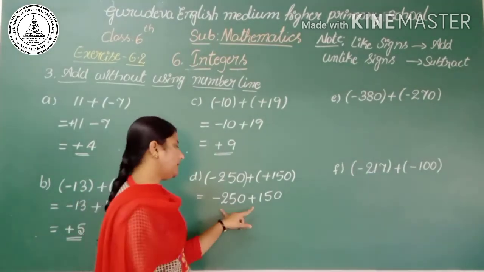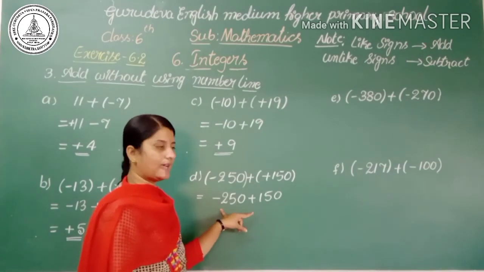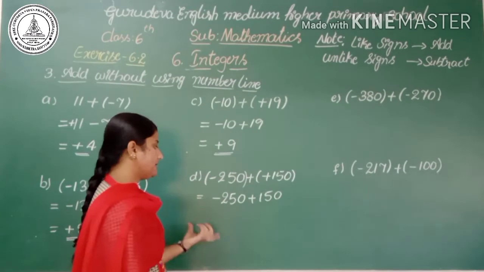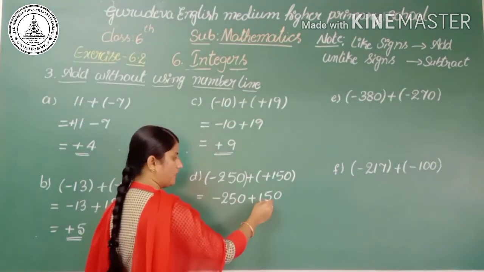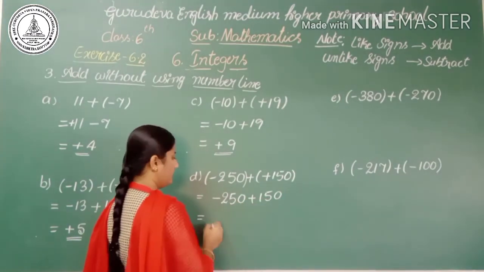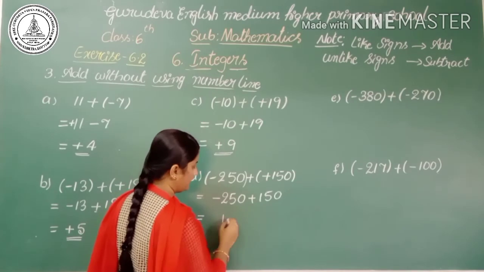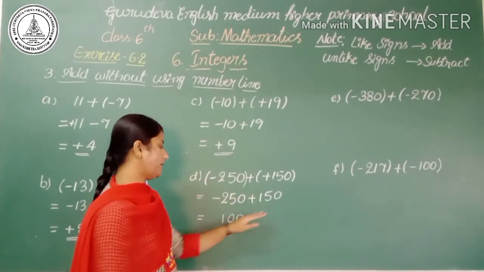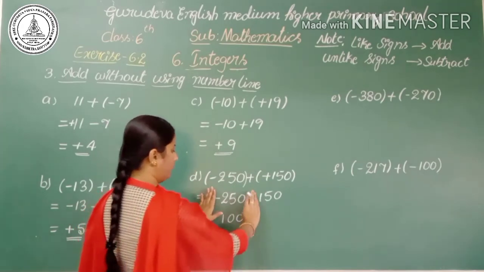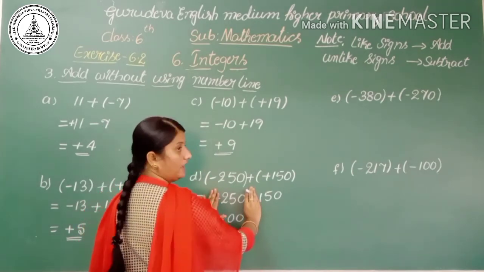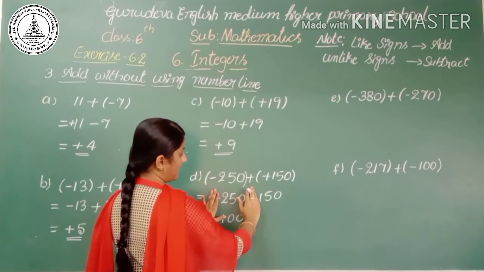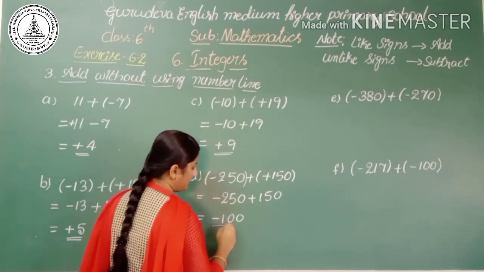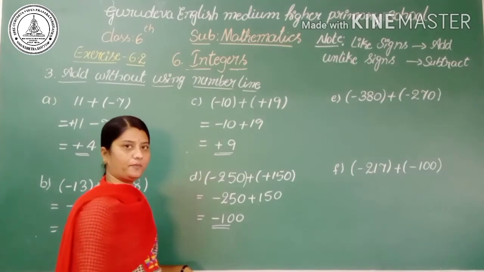These two integers have unlike signs. Unlike signs means we have to subtract, right? Subtract here, 250 minus 150 is 100. In these 250 and 150, which has the greater value? 250 has the greater value. Its sign is negative, so we have to keep it as a prefix to the 100.